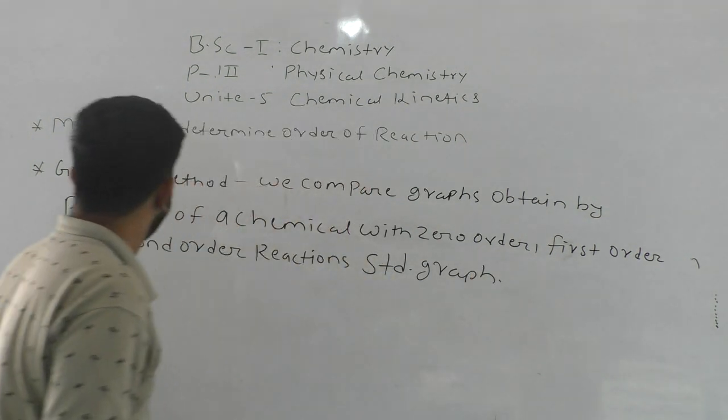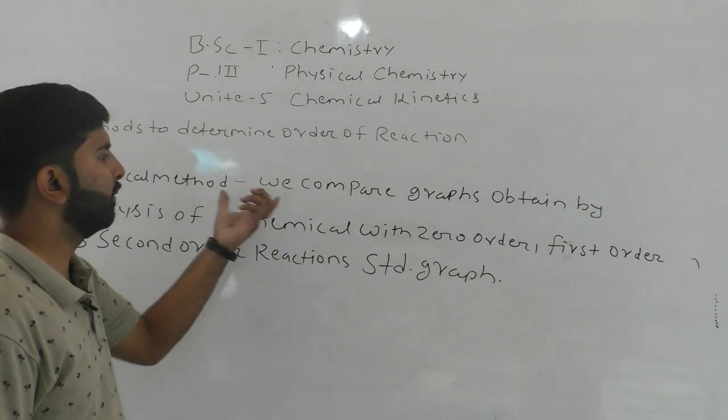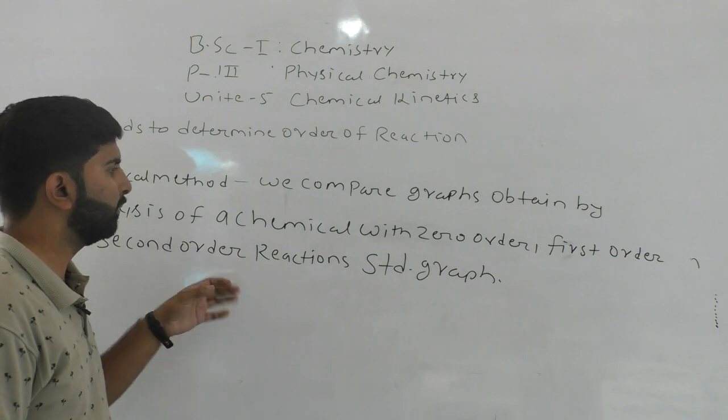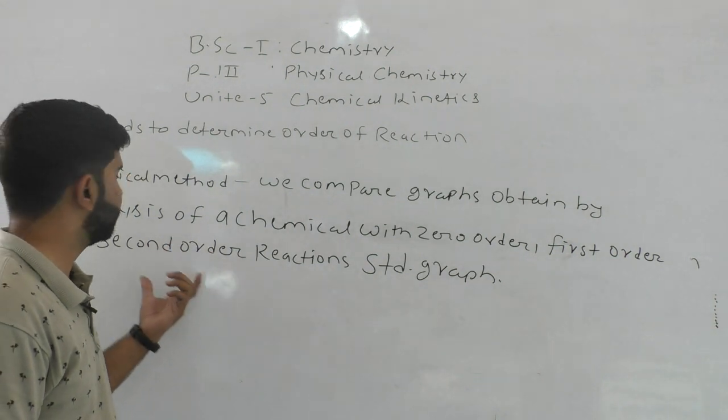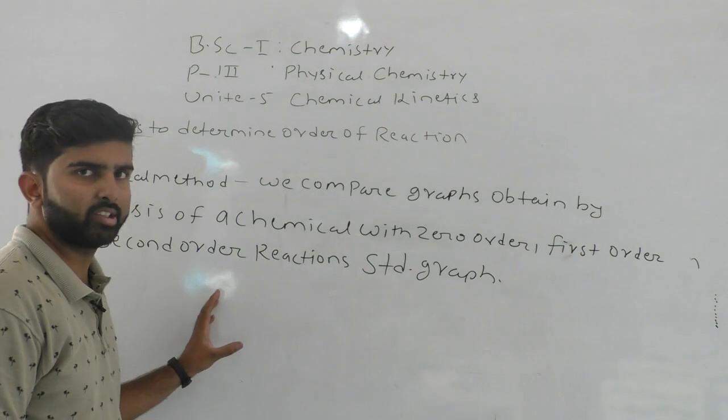Which means in the graphical analysis method we compare graphs obtained by analysis of a chemical reaction with zero order, first order and second order reactions standard graphs.